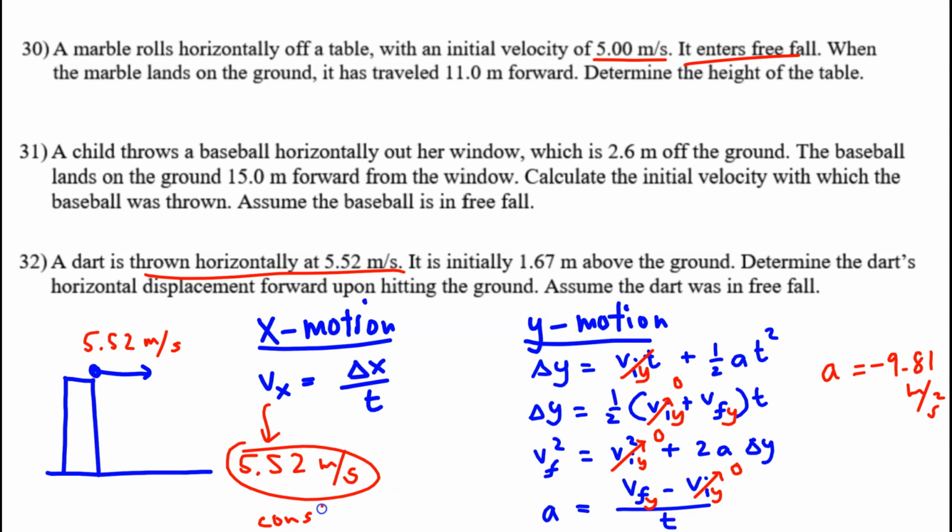The x velocity doesn't change because gravity doesn't pull left or right. How much of that 5.52 meters per second is on the y-axis? None of it. So once more, viy is still 0. In fact, for any problem where you launch the projectile horizontally, you will always have viy equal to 0 if launched horizontally.